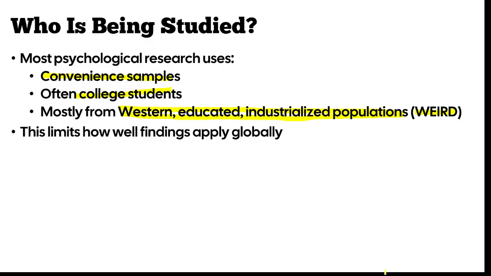Typically, you're pulling from educated populations, and typically those countries that are engaging in this research are industrialized. And what that does is it provides me a great picture of Western, educated, industrialized populations. It also leaves a huge gap out there in our results. That gap limits how well I can apply those findings globally.